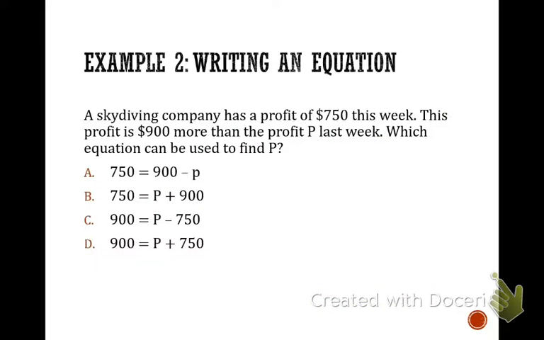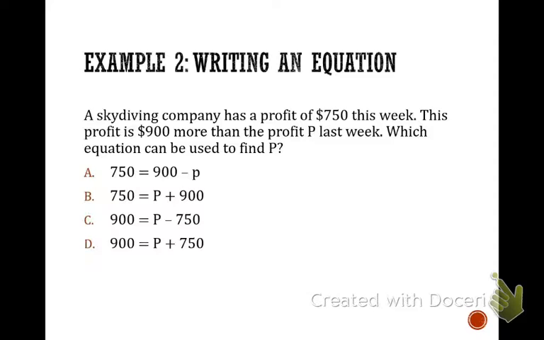All right, so writing our own equation. It's still continuing on with the same theme. Let's read the example and then we'll work on building the equation. A skydiving company has a profit of $750 this week. This profit is $900 more than the profit last week.